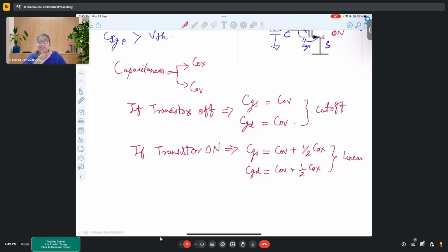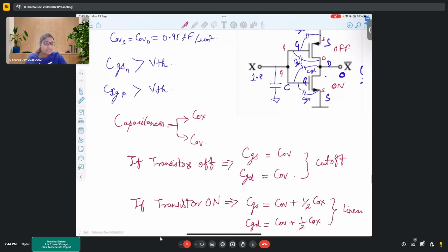Now, when it is in saturation, we know that on the drain side, the channel reduces and we have most of the channel on the source side, right? So, according to that, your formula of this oxide capacitance changes. It depends on the region of operation.